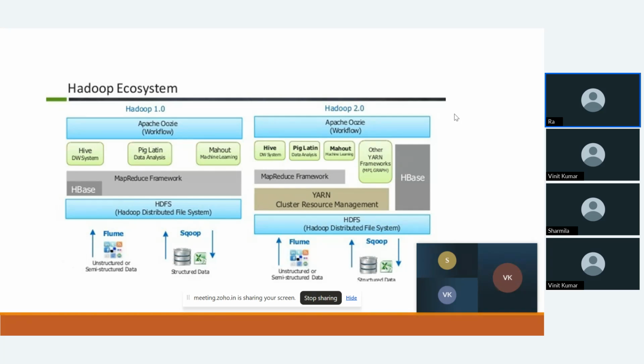So we send the code, the MapReduce, to each of the nodes, and there the processing happens. Map means my data is processed on each node, and reduce is just to combine the results. Map processes the data on each node, and reduce is the collection of whatever output we got.